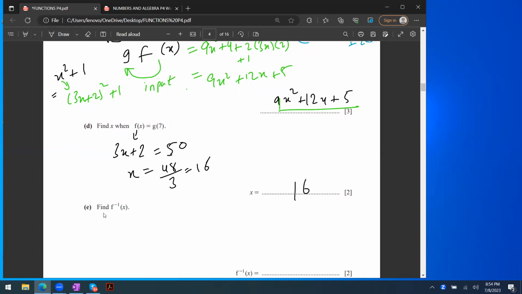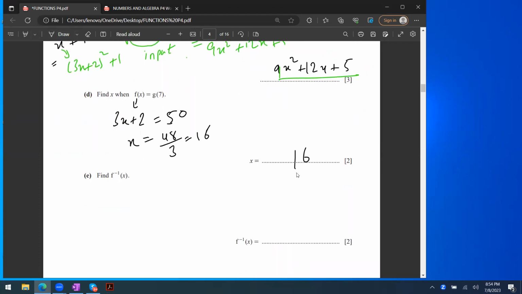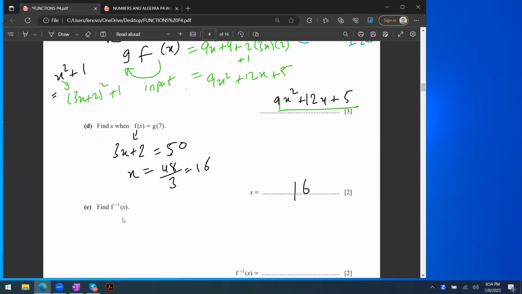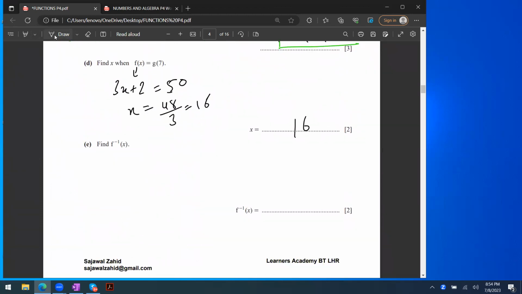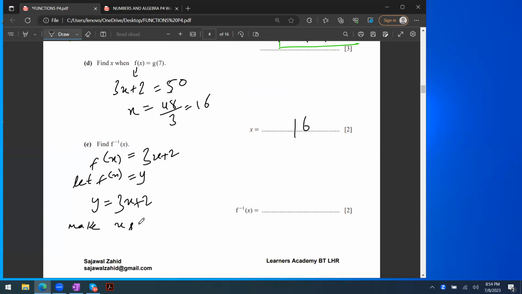Let's find the f inverse. I think Hussein was not there that day, so we can solve it one more time. First, what is f of x? F of x is 3x plus 2. Let f of x be equal to y. So that means y is equal to 3x plus 2. Make x the subject. So x is equal to y minus 2 divided by 3.